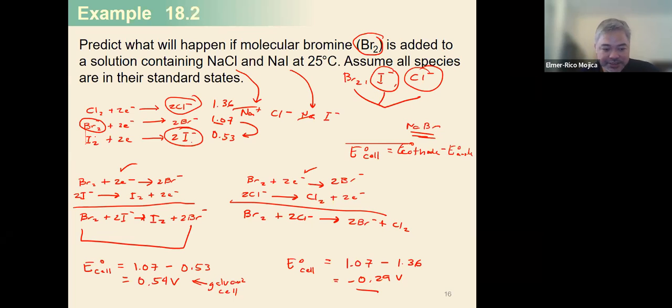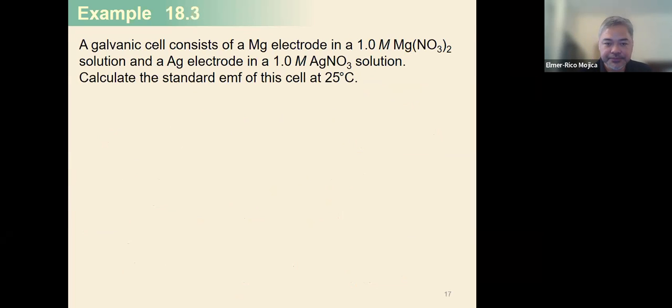Okay, so let's try another one. A galvanic cell consists of a magnesium electrode in 1 molar magnesium nitrate and a silver electrode in 1 molar silver nitrate. Calculate the standard cell potential. So what do we need to determine here? We need to look at the reduction potential. So this is silver plus, and this is magnesium plus.